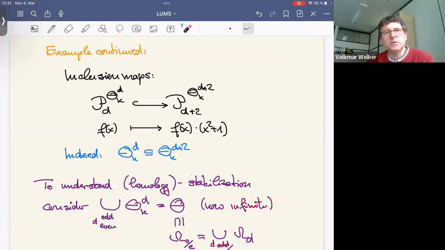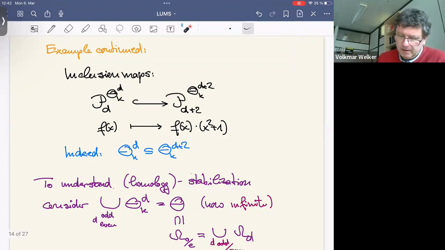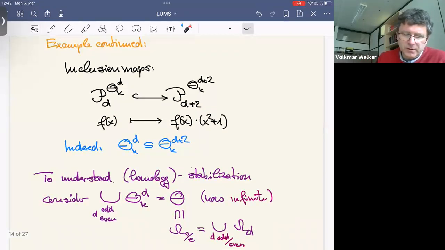What we are interested in and what we can prove is some type of stabilization result. Namely, whenever we have a root multiplicity, say we have here a root multiplicity where there's a part greater or equal to k, and that sums up to something less or equal to d, and the sum is congruent to d modulo 2, then the same holds true if you replace d by d plus 2.